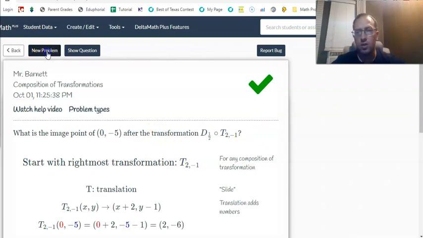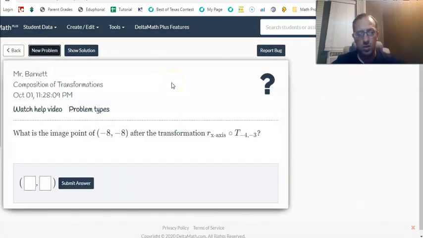We'll do another one. Alright, so just to look at this. Again, we start at the right and move to the left. This is a reflection over the x-axis of the translation. So the translation comes first and then I'll reflect that.